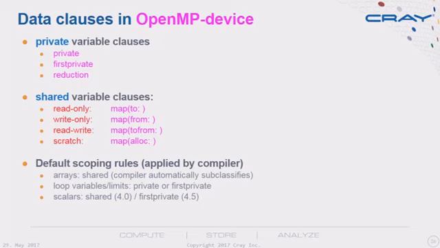So this is what you have to be a bit careful about, since that will change in the next version. And if your question relates to the data transfer, for the shared variables, usually the default is that they will be copied in and out. To reduce that overhead, we will come to that later.